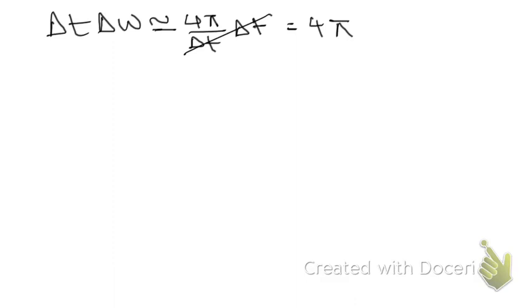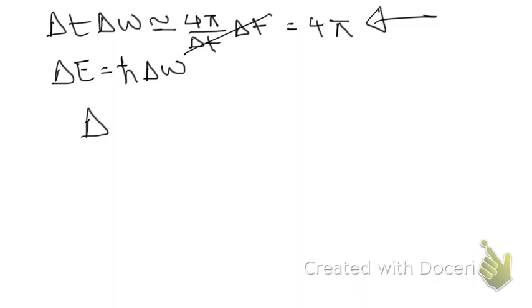What we could do is use the relation that delta E is simply equal to h bar delta omega. We can replace delta omega in this expression and get a relation between delta t and delta E. So delta E times delta t is approximately equal to h bar delta omega times delta t.